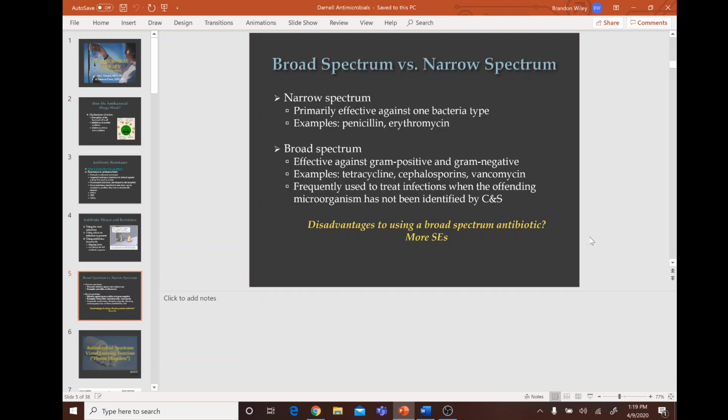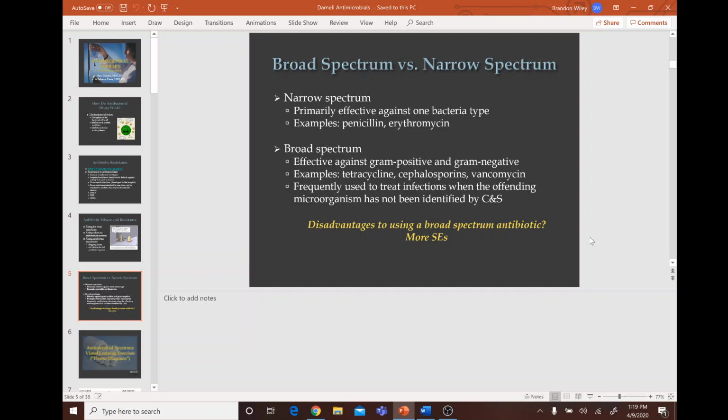Give me some examples of broad spectrum drugs. Tetracyclines, cephalosporins, vancomycin. What are broad spectrum drugs effective against? Gram positive and gram negative.